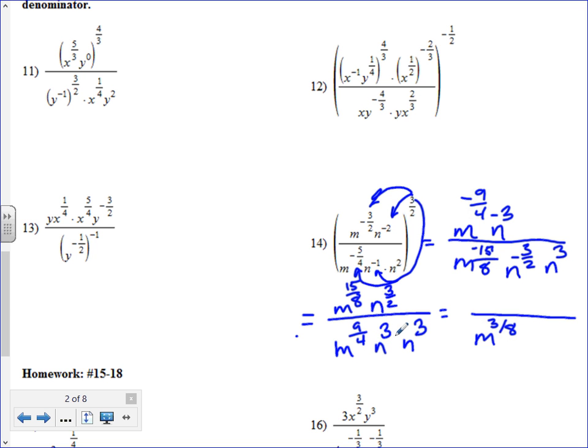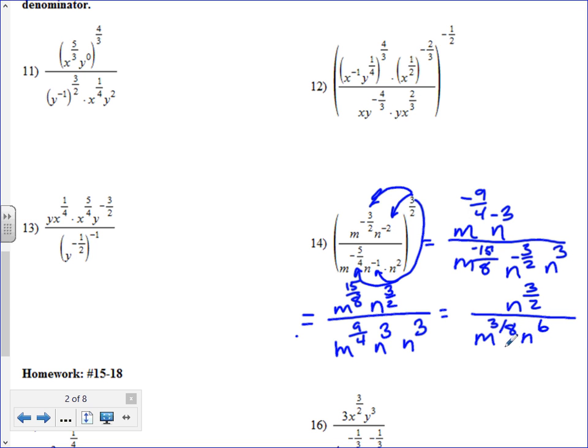Now what about these N's? These two, what do we do with these two? Add them. So 3 plus 3 is what? Am I done? All done?